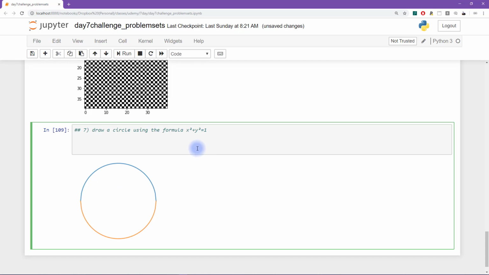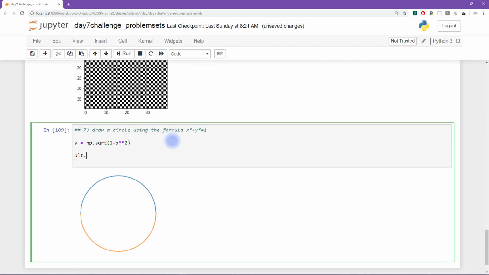So to draw this, we need to basically define this equation in terms of y. So y equals the square root of 1 minus x squared. So we need to take the square root of both sides of the equation using numpy.sqrt like this.